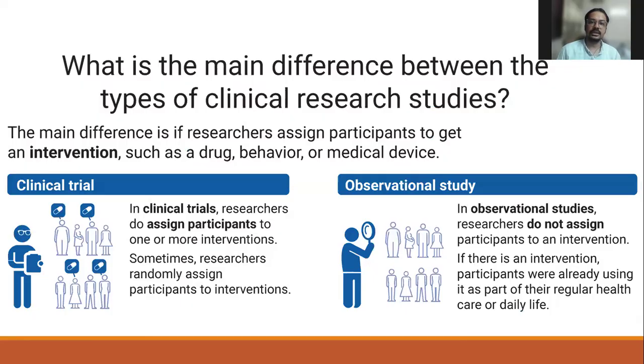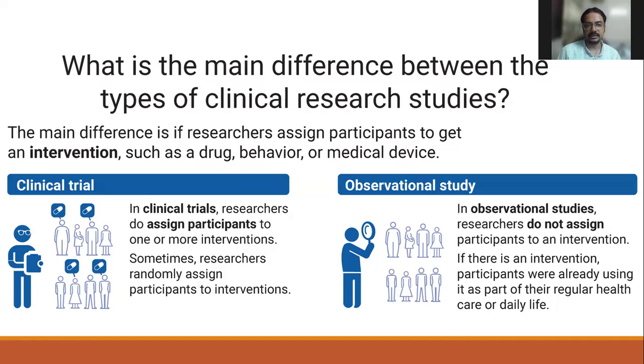So what is the main difference between the types of clinical research study? The main difference is whether researchers assign participants to get an intervention such as a drug, behavior, or a medical device. As you can see, this is the difference between a clinical trial and an observational study.